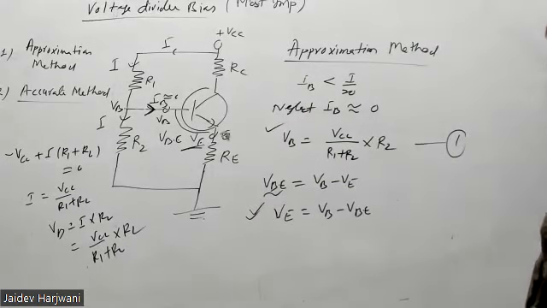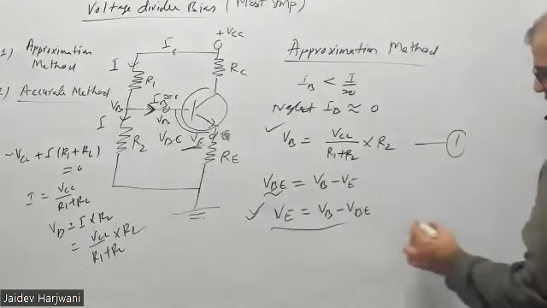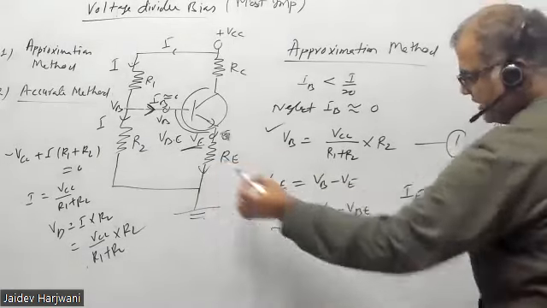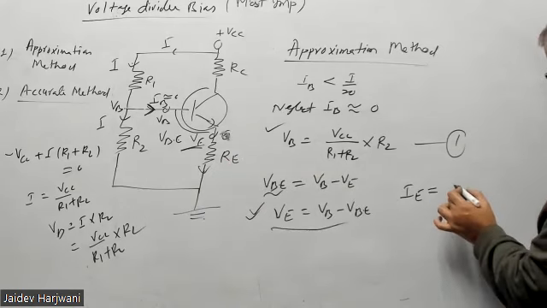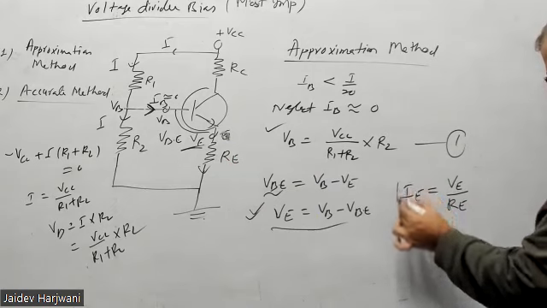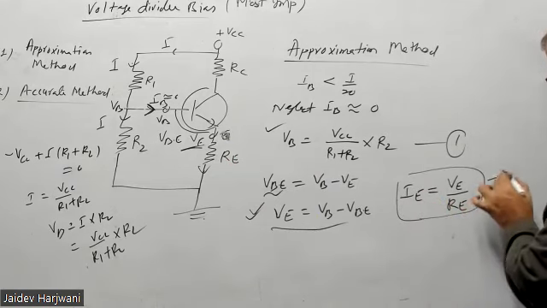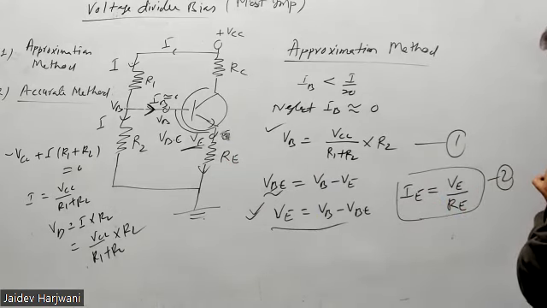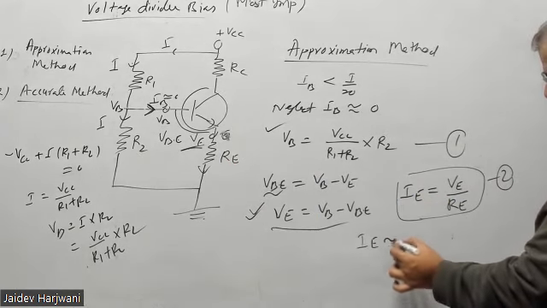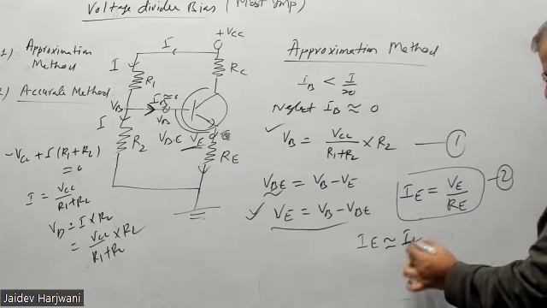And if you know VE, you can find the IE flowing in the circuit. IE will be VE upon RE. Yes or no? And if you know IE, IE is almost equal to IC.